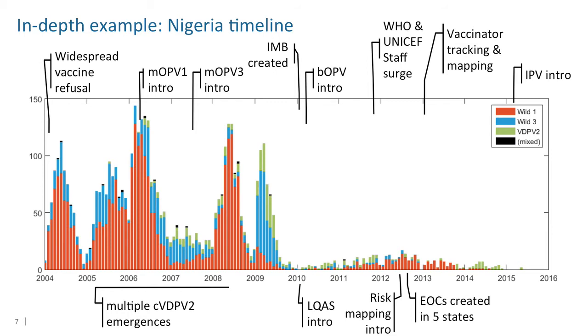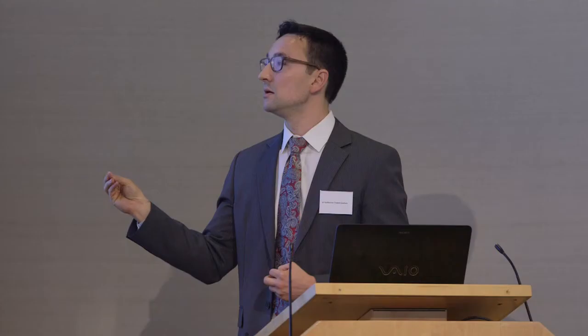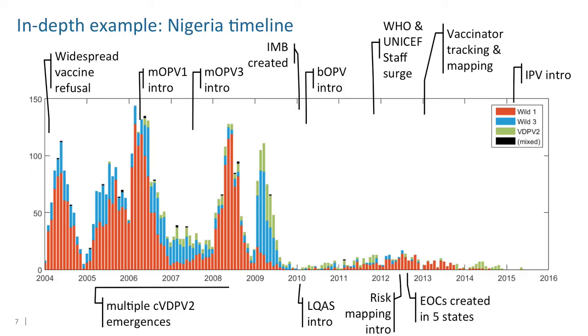The red bars are wild type 1, blue bars wild type 3, green bars are vaccine-derived type 2, and you'll notice some green squares, those are mixed infections. You can tell that there were quite a few infections in the early 2000s, but around 2010 there was a very sharp decrease in infections. That was a very narrow bottleneck in transmission that the virus was able to pass through and continue circulating for 5 more years.